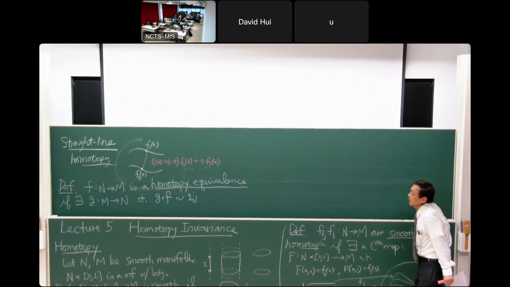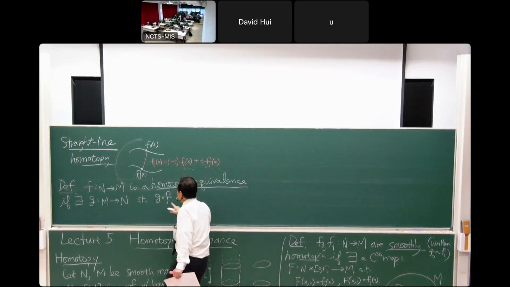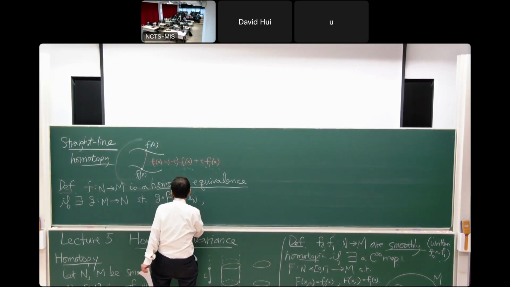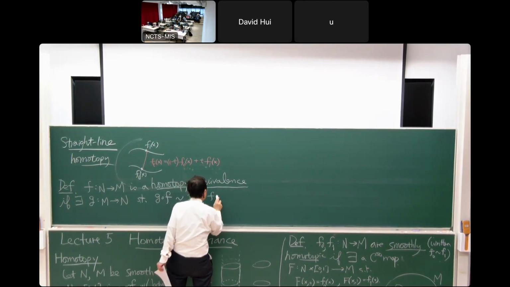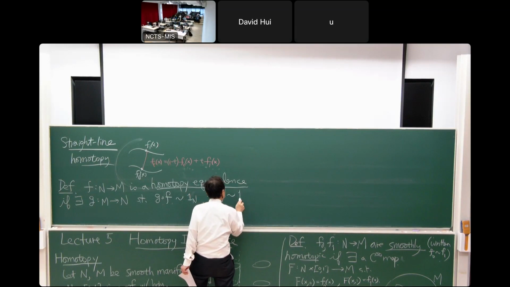So you need a map going in the opposite direction so that F composed with G and G composed with F are smoothly homotopic to the identity map.